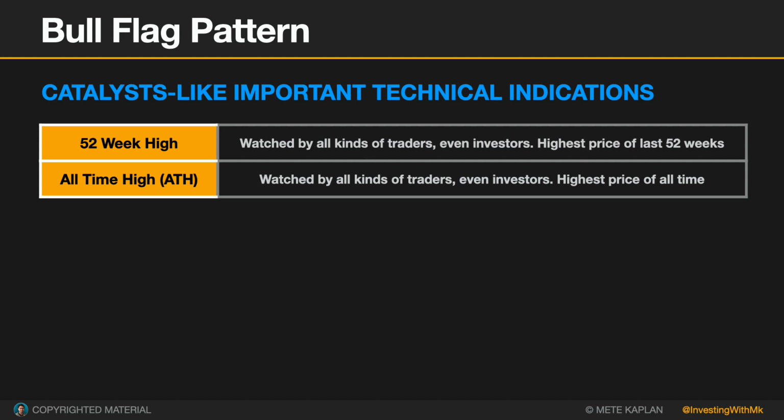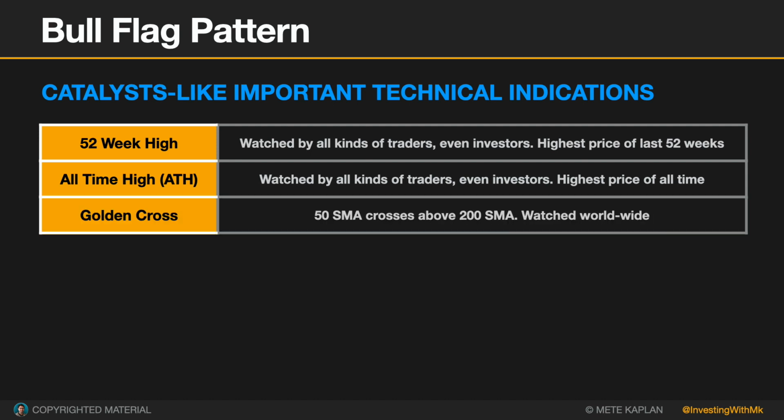There is no resistance at all. Golden cross, 50 SMA crosses 200 SMA above. Very special indication, watched by millions of traders out there. Gives us many opportunities of trading bull flag patterns.